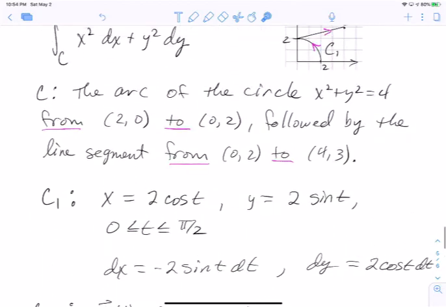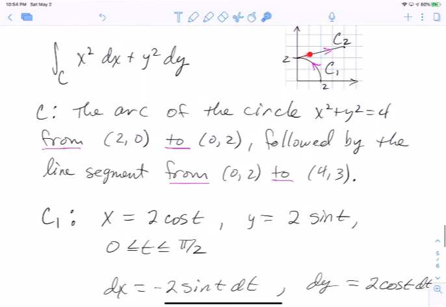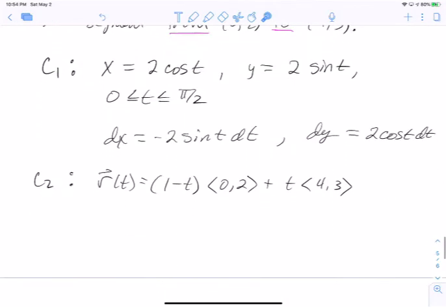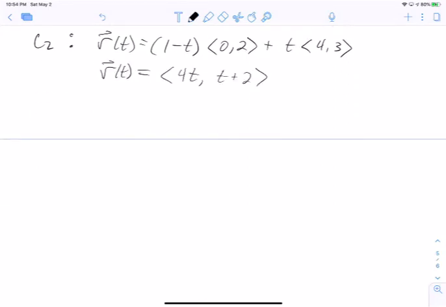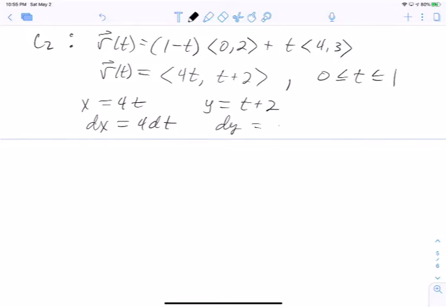Remember that that's describing the segment going from (0, 2) to (4, 3). Simplifying gives r of t is (4t, t plus 2). Remember, this is a segment, so t is going to go from 0 to 1. In this case, x is equal to 4t, and so dx is 4 dt, y is equal to t plus 2, and so dy is equal to dt.